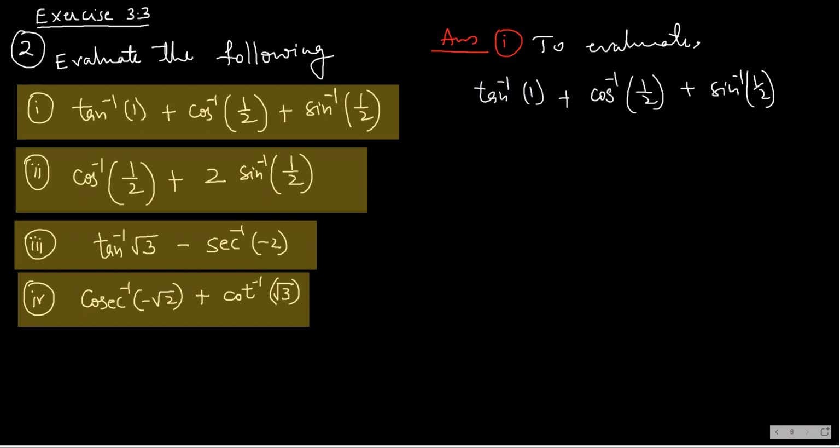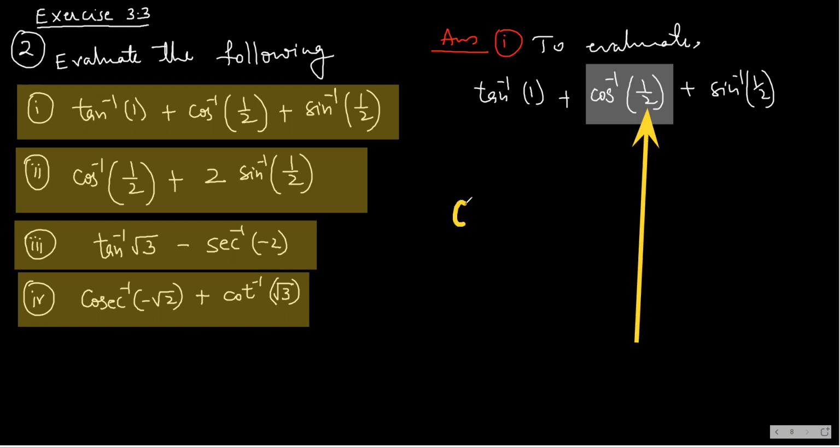Then you come here and see this: cos inverse of 1 by 2. It is nothing but an angle. Which angle? It is the angle for which cos value is 1 by 2.